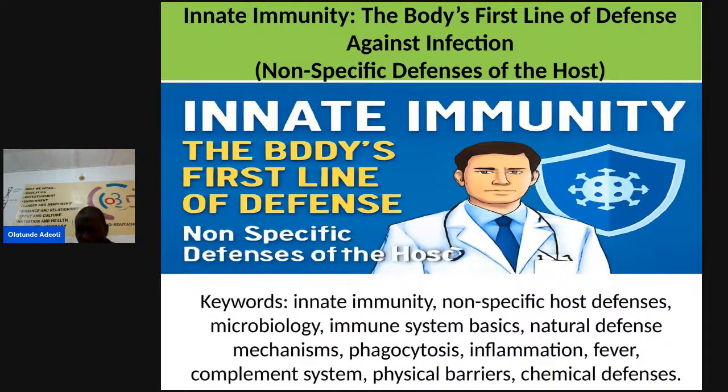We will also look at natural defense mechanisms, that is, what nature has endowed us with when it comes to protection. Then we are going to look at phagocytosis. Phago means solid, so phagocytosis is the eating up of solid foreign materials.